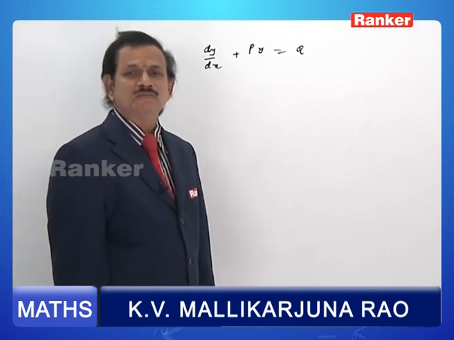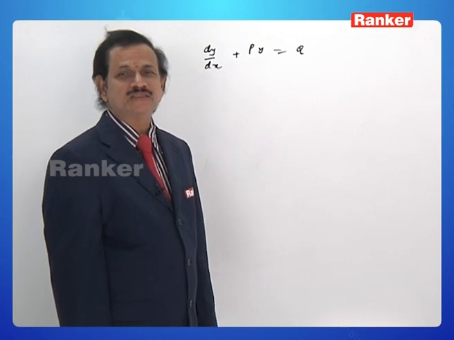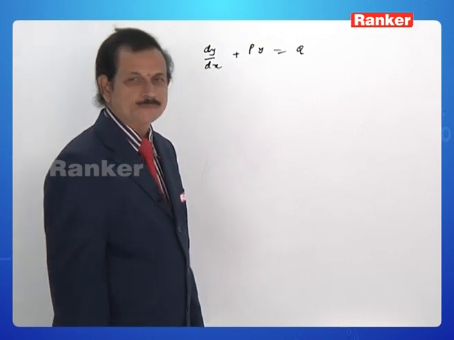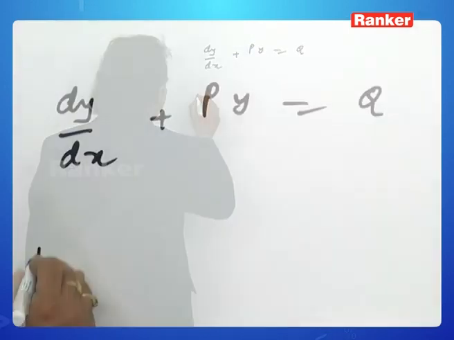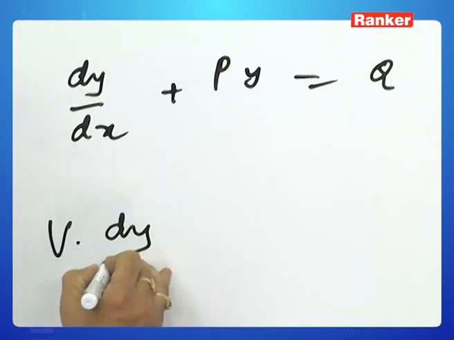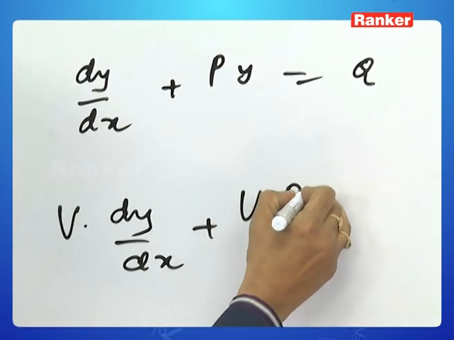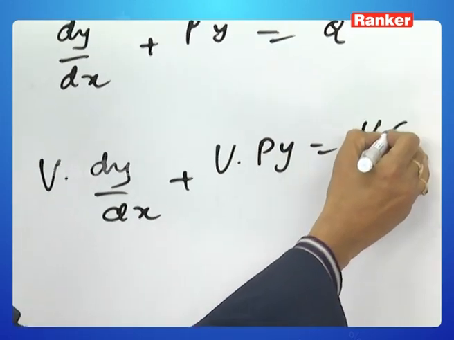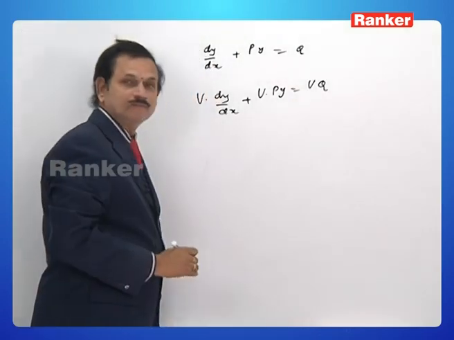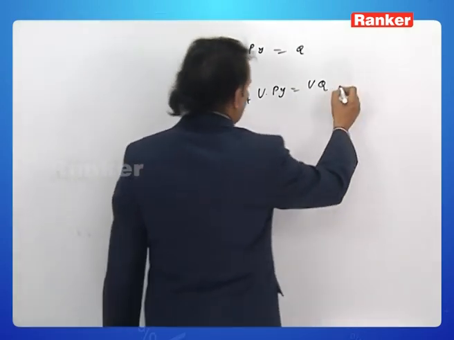Let me assume that integrating factor as some v. Then what happens? v into dy by dx plus v into py is equal to v into q. Call this equation 1.